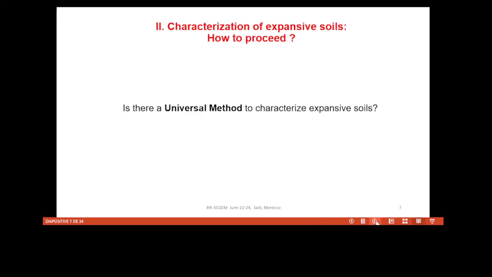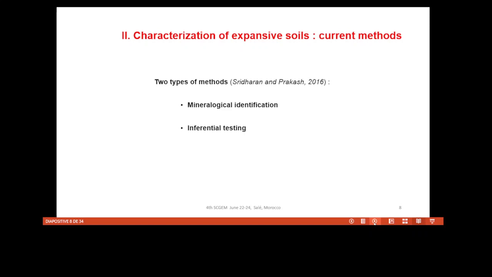So, to talk about the characterization of expansive soils and how to proceed, we can ask this question: is there a universal method to characterize expansive soils? The current method, we can consider 2 types of method after Sridharan and Prakash.